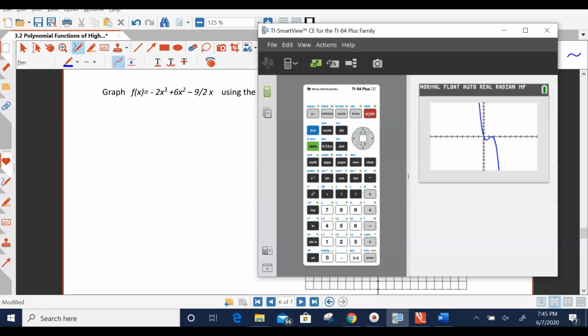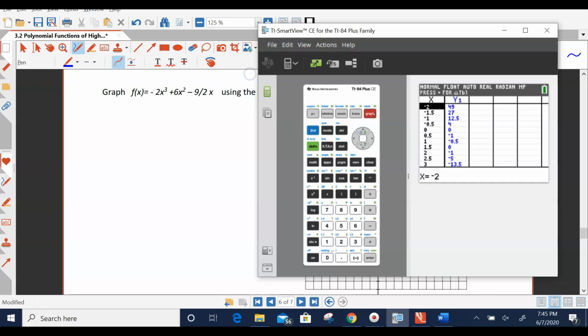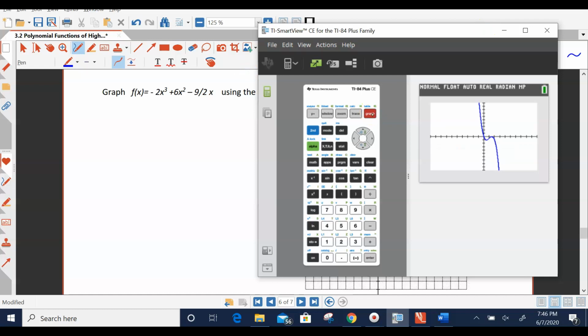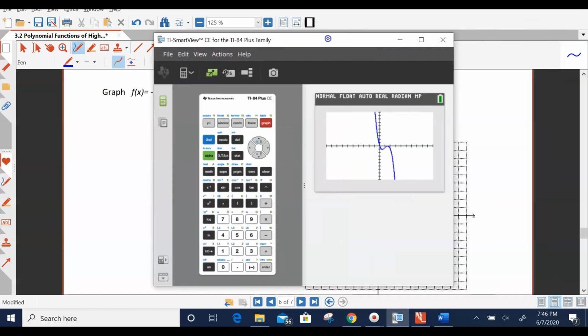So I am going to go to my table. And I see there's a 0 at 0. And I see there is a 0 at 1.5. Are those the only ones I need to worry about? Yep, the one at 0, the one at 1.5.